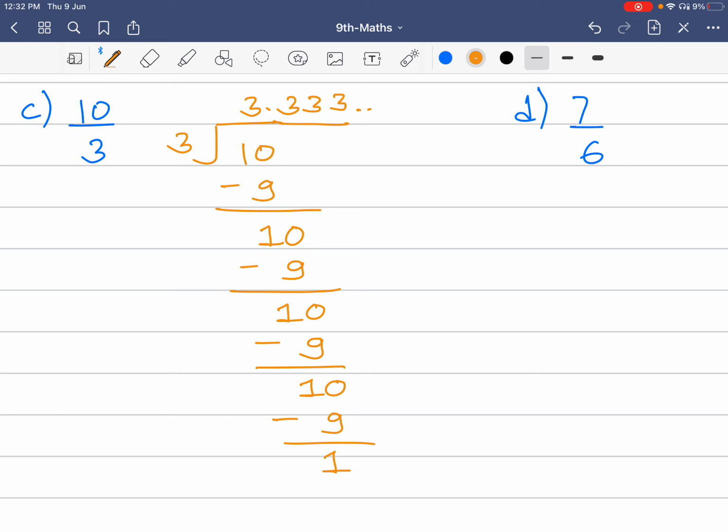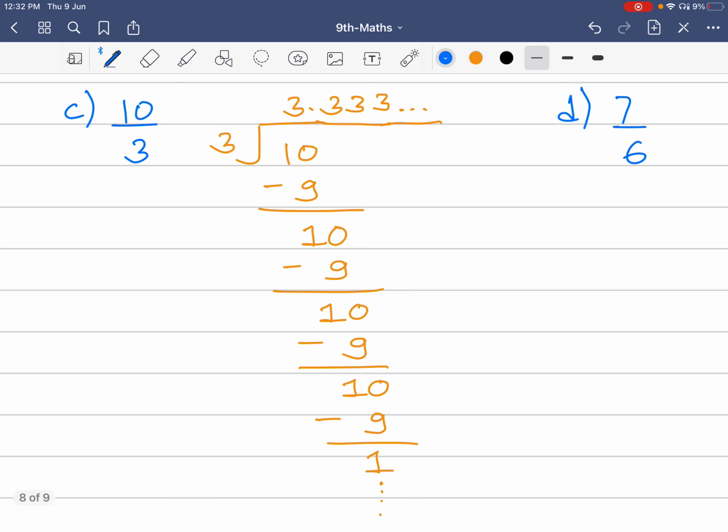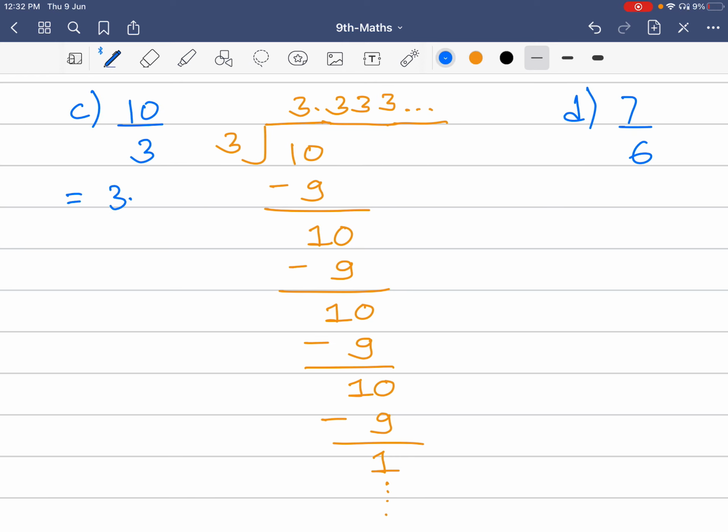So I'm going to mark this dot dot dot, continuously non-stop. This division will go on happening, and thus these digits will keep on repeating. So I can say very safely that 10 by 3 is equal to 3.3333 repeated continuously and infinitely.